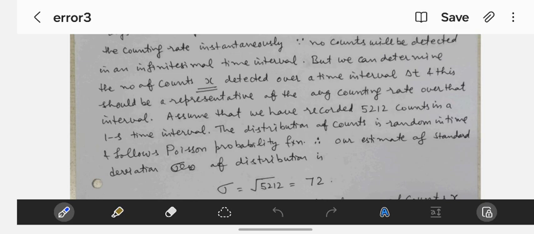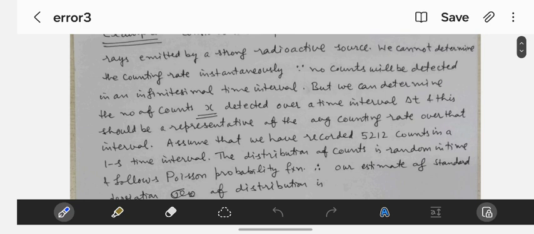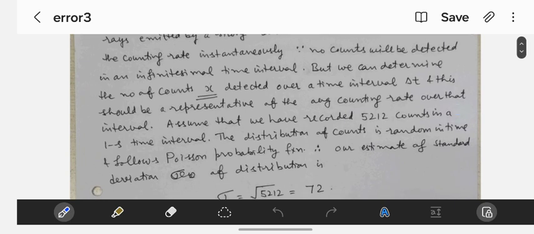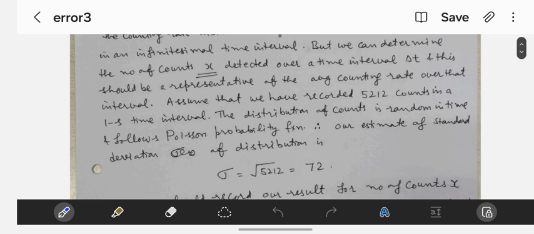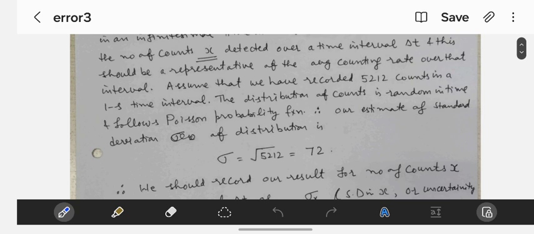Here we are talking about the radioactive decay of a very strong nuclear source, which is just emitting radiations and particles. So we can't measure the count in a very small time, at a very instant. So we take the average count, and this emission is going to follow the Poisson probability function.